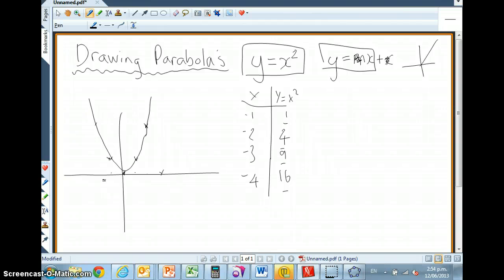Okay, so as we did with the basic linear graph of y equals x, we started adding things like plus 1. So if you put plus 1 to a linear graph, you'd have slope 1 and the whole thing would shift up by 1.